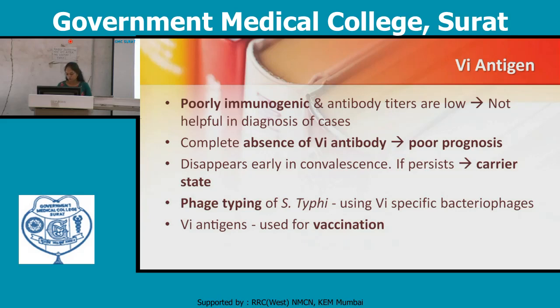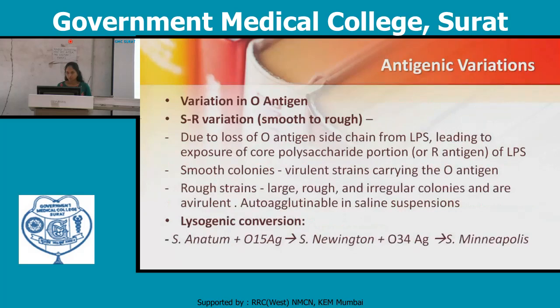Now antigenic variation. First, variation in O antigen: the S-R variation, or smooth to rough variation, due to loss of antigen side chains from lipopolysaccharide, leading to exposure of the core polysaccharide portion or R antigen of LPS. Smooth colonies are produced by virulent strains carrying the O antigen.